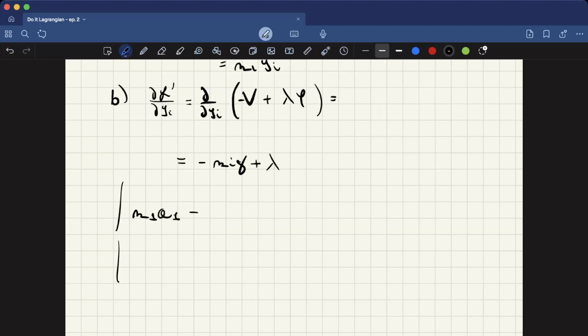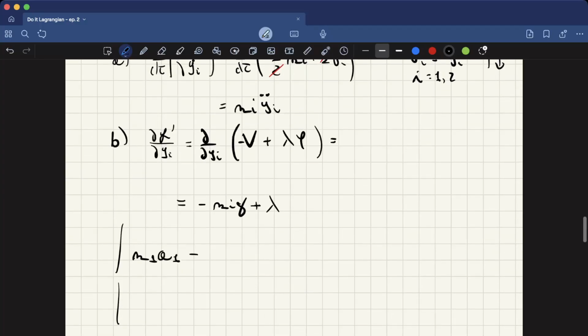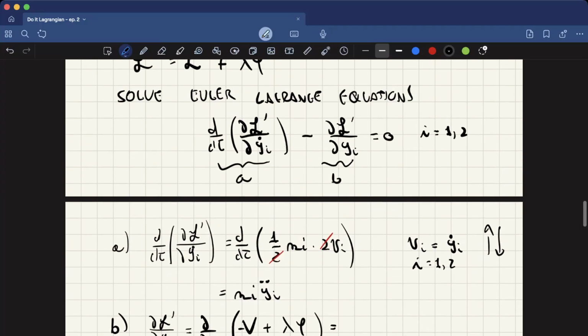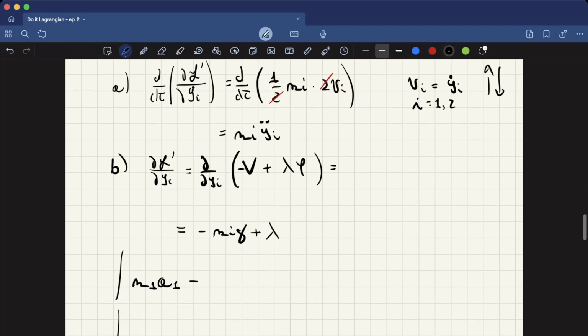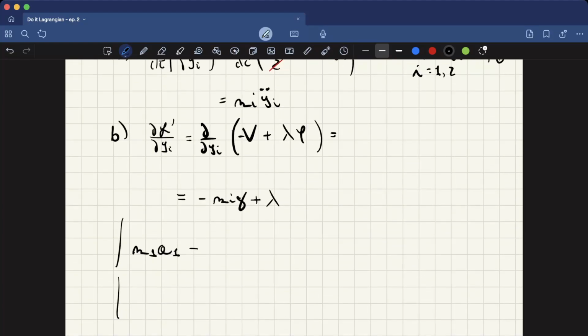Now we have minus this term, because the Euler-Lagrange is like that, so we have to change all the signs. So we can write plus m_1 times g, sorry, a little bug of good notes.